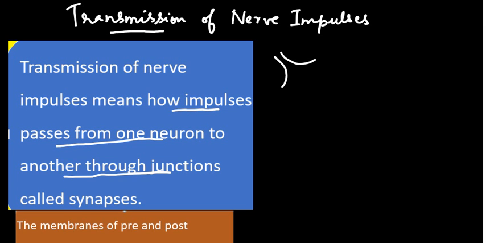Now, this is one neuron, where there are dendrites here, cell body, and then comes the axon terminal, synaptic knob, and then the next neuron.